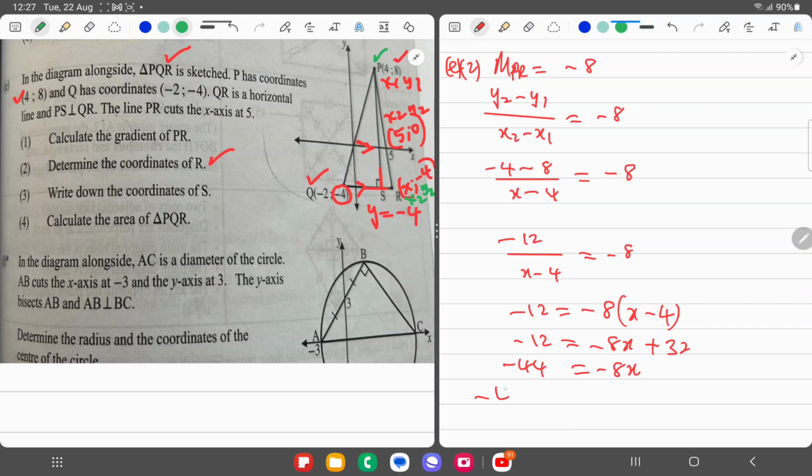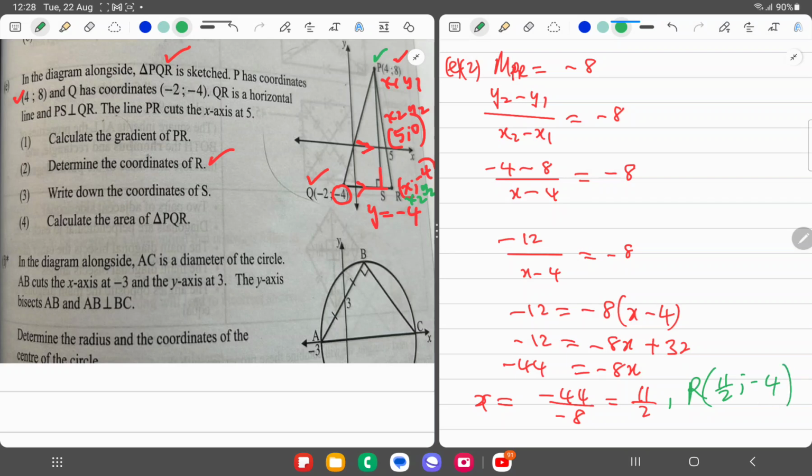You can write it like that, or you can just say x is minus 44 over minus 8 by dividing through by minus 8, and this is 11 over 2. Which means the coordinates of the point R are: x is 11 over 2 and y is minus 4.